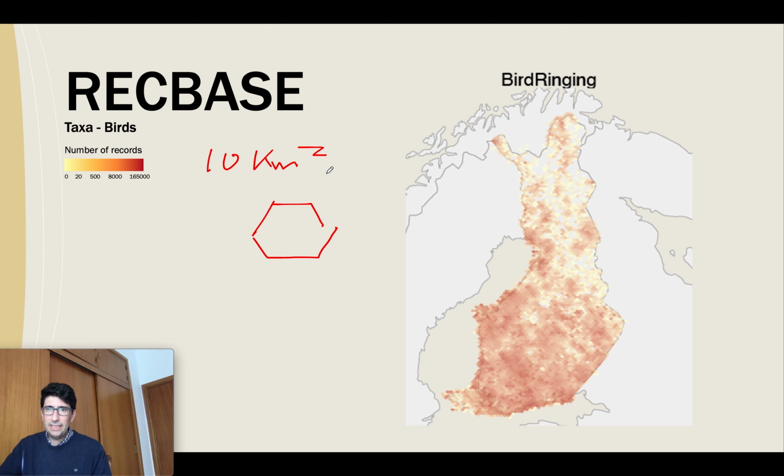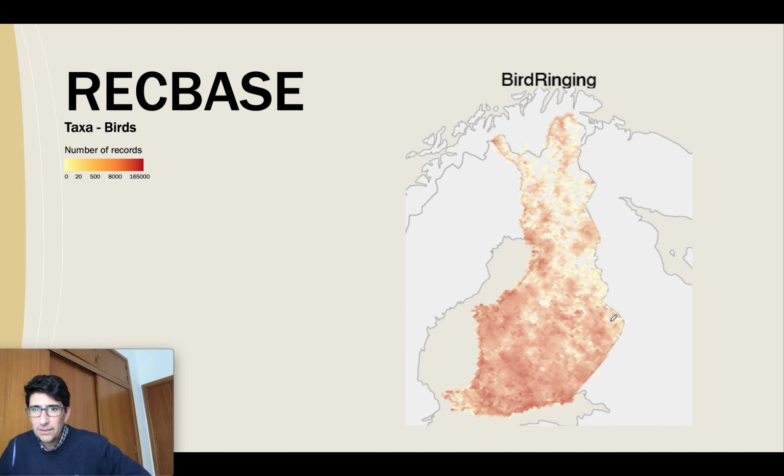So each hexagon is full here. I mean, the whole of Finland is full with observations of birds, of bird ringing. There are maybe some spots here in the south. Of course, there are more empty spots here in the north, but the south is completely full.